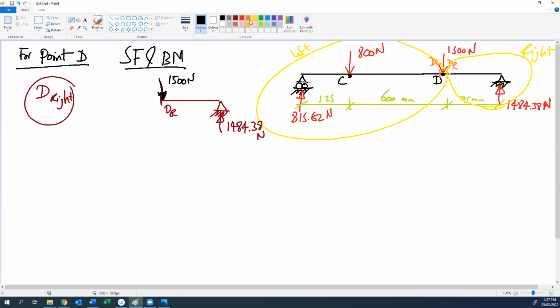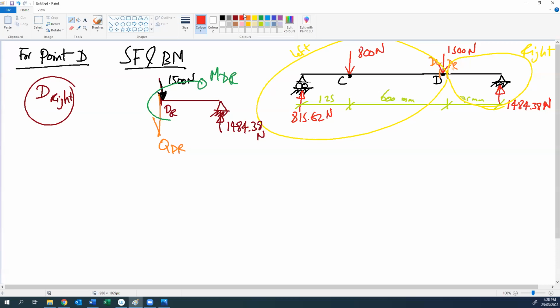When I cut at D right like that, we will have a shear force QD right and a moment MD right. How can we find QD right and MD right?